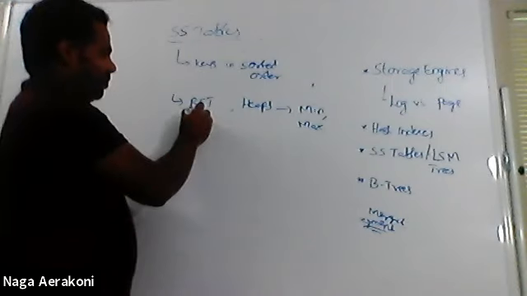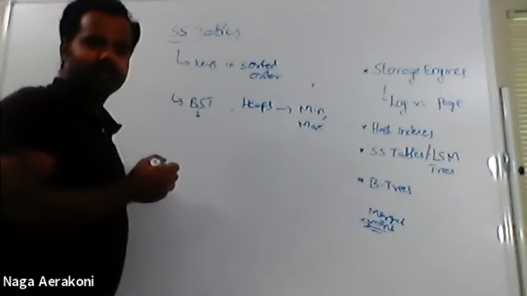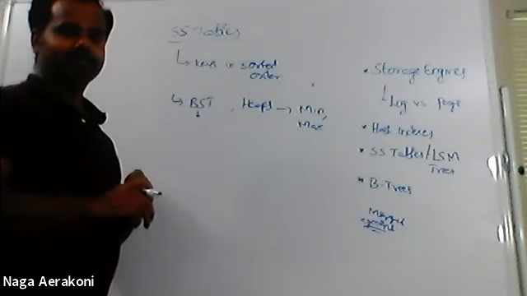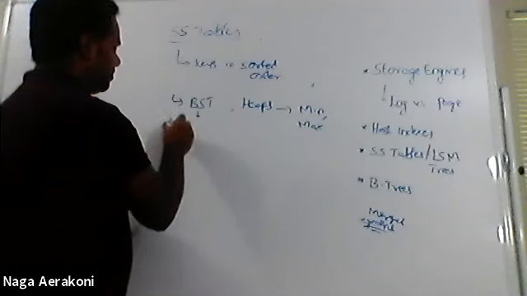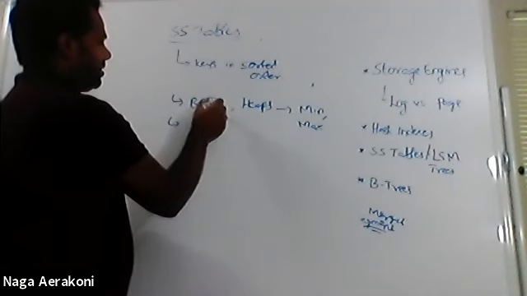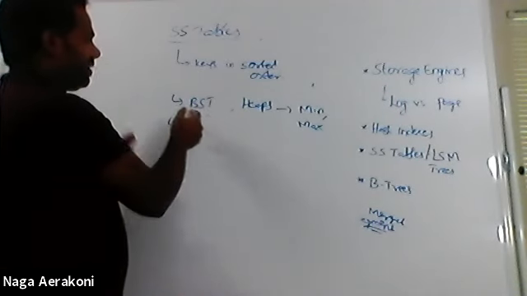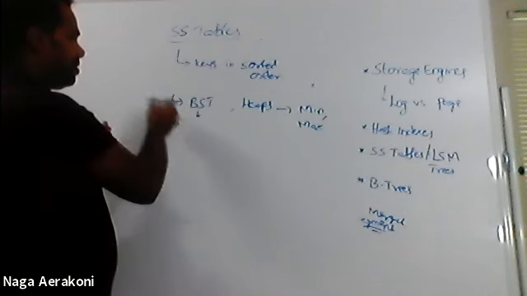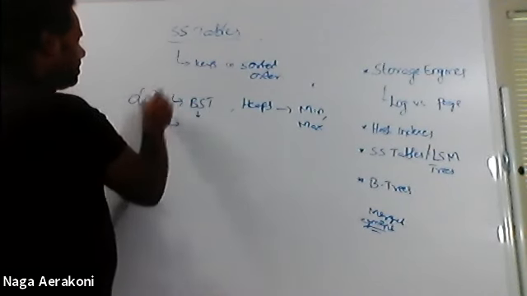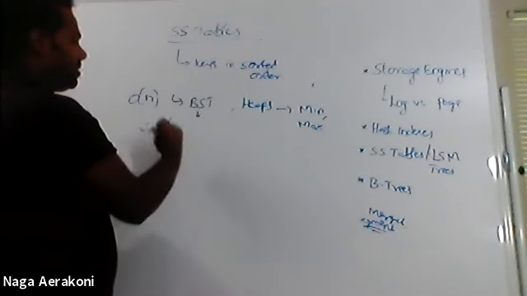But what is the problem with BSTs? Every time you do an insert, if it is a balanced binary search tree, it is good. Otherwise, it would be tricky. Since BSTs cannot always be balanced, the lookup time can become worse, O of n in the worst case, if they are not properly constructed.